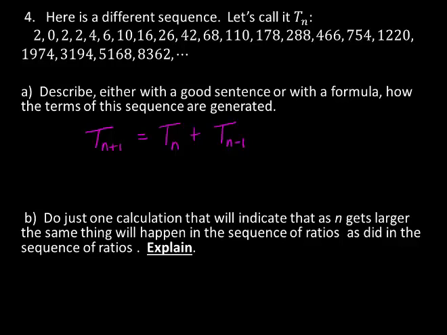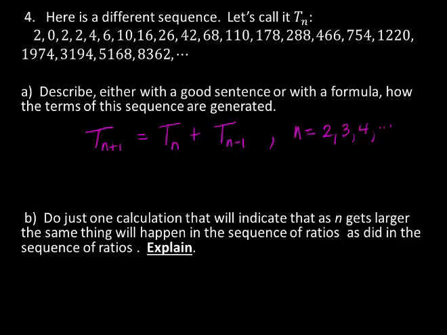I think of T sub n plus 1 as the next one, the one coming after T sub n in general. So T sub n plus 1 is equal to T sub n plus T sub n minus 1. And I should say where n begins. n must start at 2 in this case. n equals 2, 3, 4, and so on.